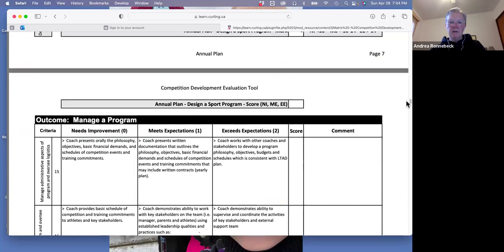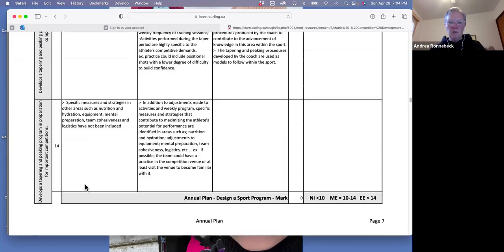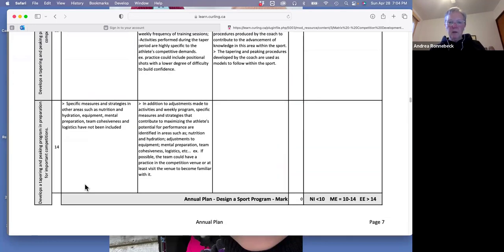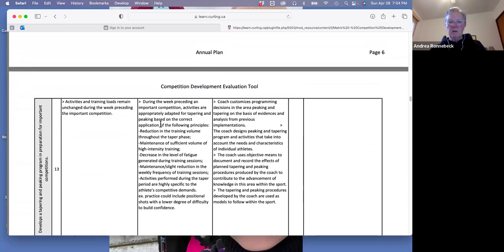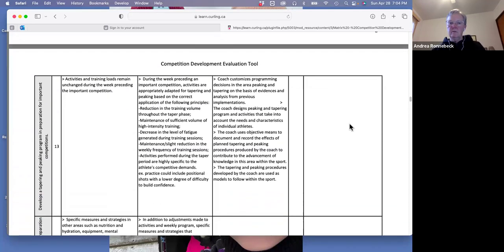And after that, it's into manage a program. So page 1 to 7 are all the requirements. So it goes into the weekly program, during the week preceding an important competition. Okay. Does that make sense, Gayleen? Is that what we talked about? Yeah, good, that's it. Okay. All right.